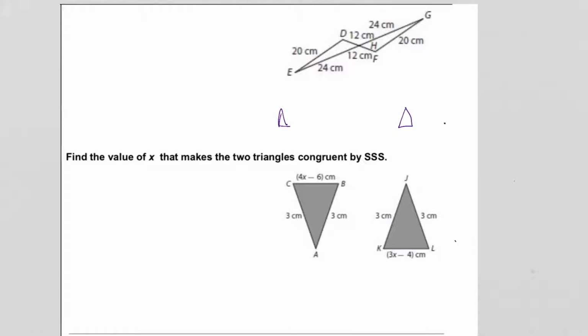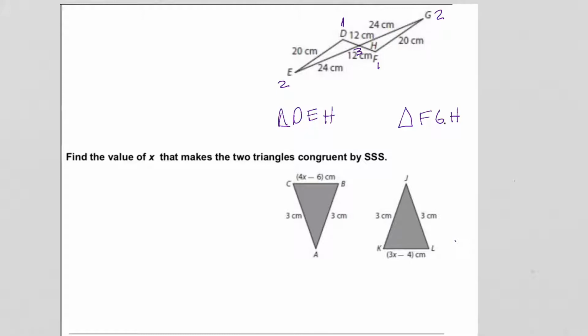And so we've got triangle DEH, and then we have triangle FGH. And, like I said, I use numbers to help me find the corresponding parts. And then it makes everything simpler.